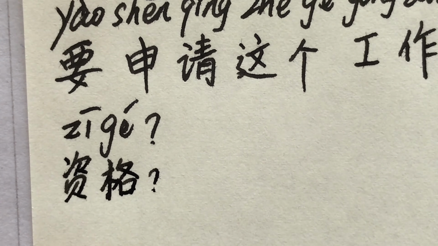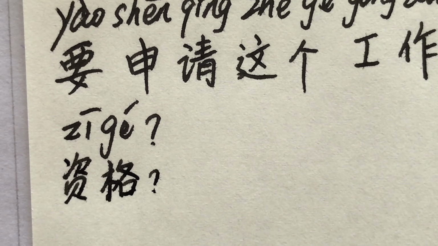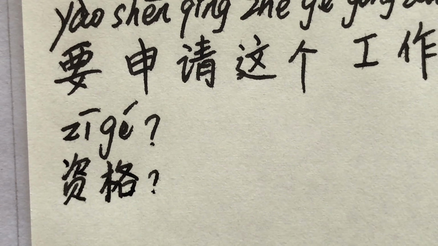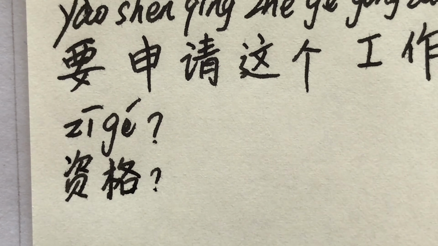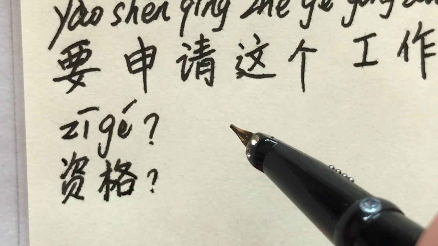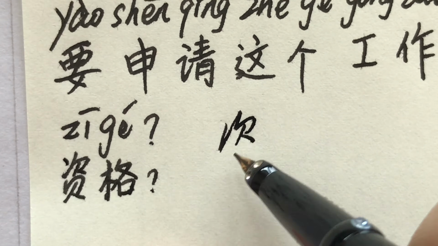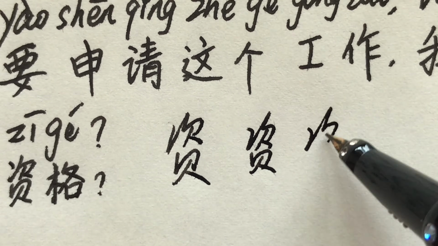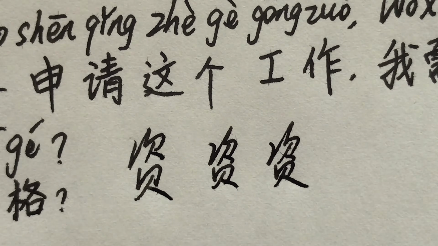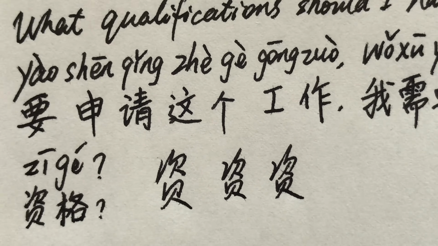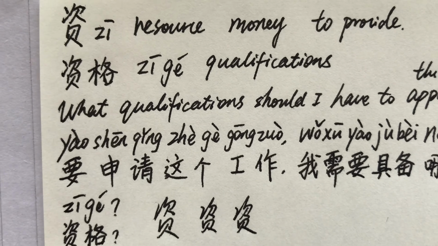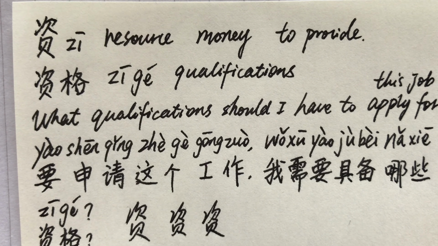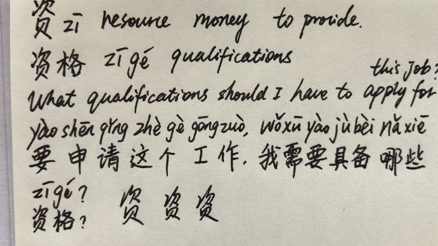What qualifications should I have to apply for this job? 要申请这个工作，我需要具备哪些资格？ My daily handwriting on the character 资: resource, money, to provide, 资格 qualifications.